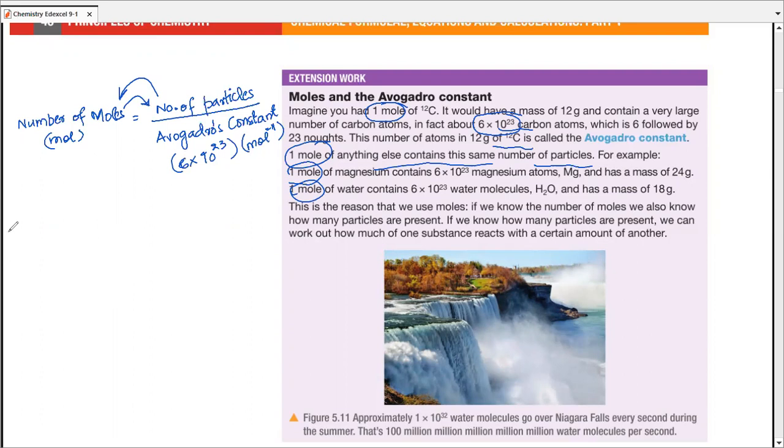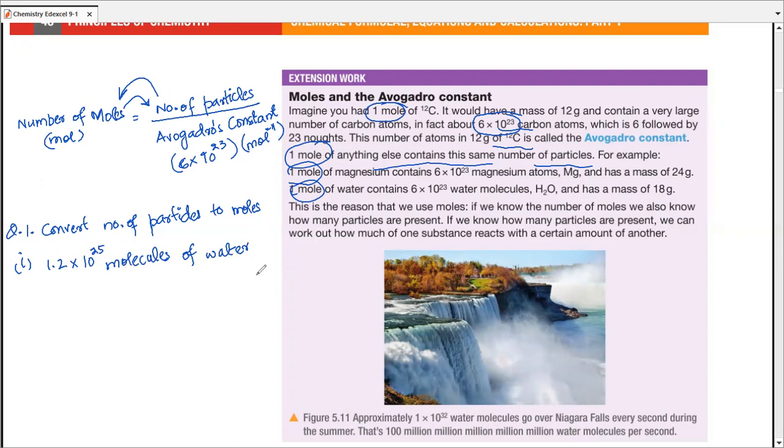All right. So question number one, convert number of particles to moles. Question one, what if you have 1.2 into 10 raised to power 25 molecules of water?